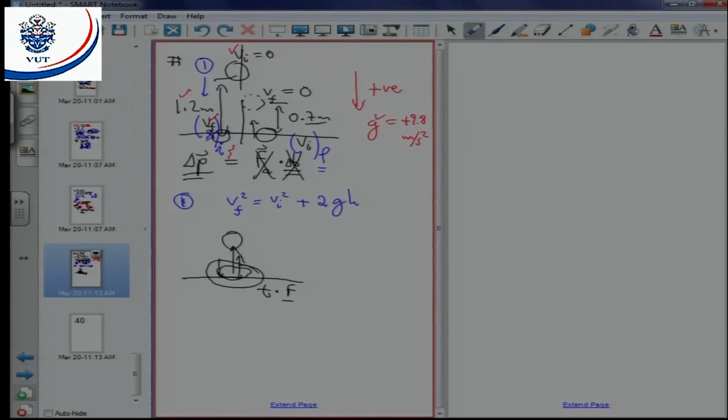Vi is 0, so Vf squared is just 2gh. If we plug in the values, g is 9.8, positive because it's going down, and h is also positive because the displacement is in the direction of motion. It's just 1.2.